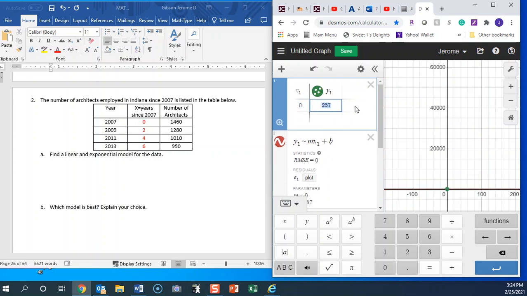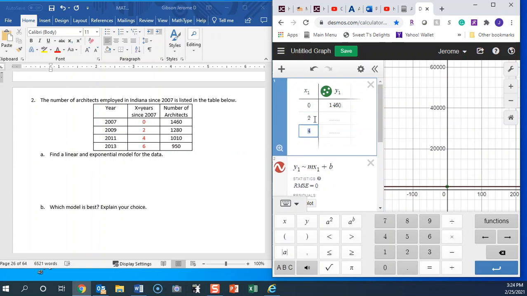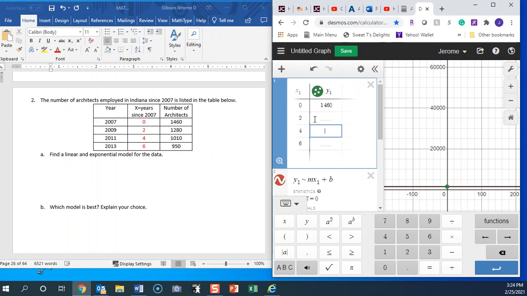Now your y1 would be 1460. Then your x1 would be 2, 4, and then 6. And then we will finish up the y1s. We had 1280, 1010, and we have 950.